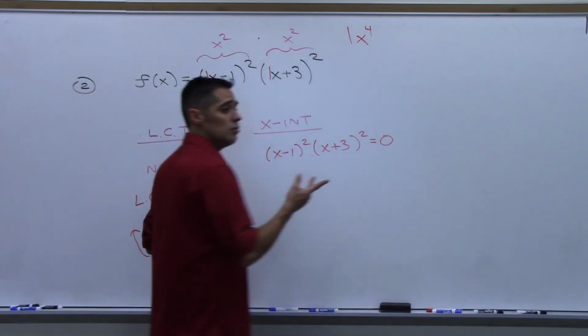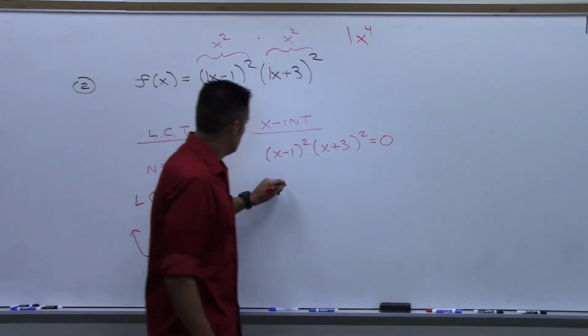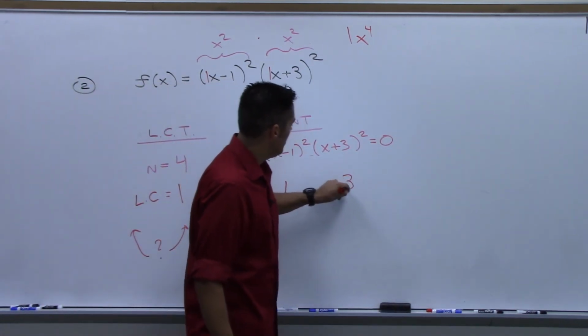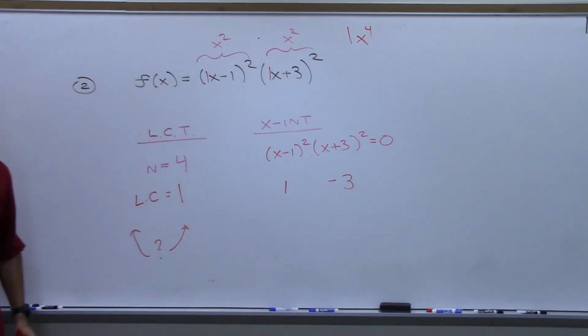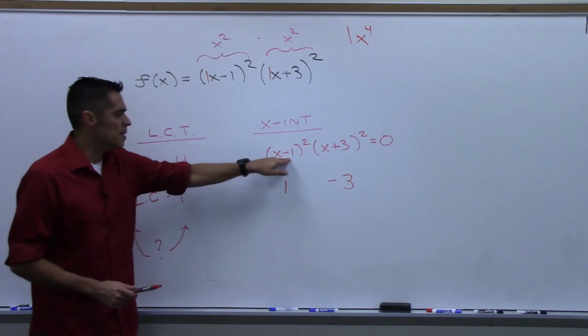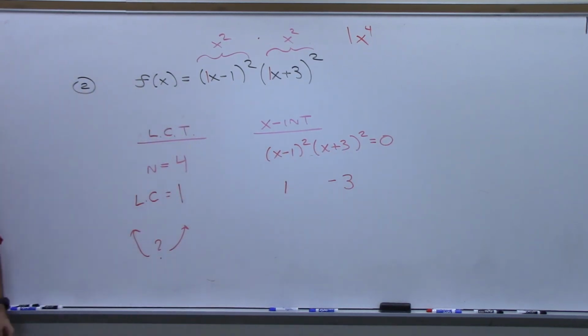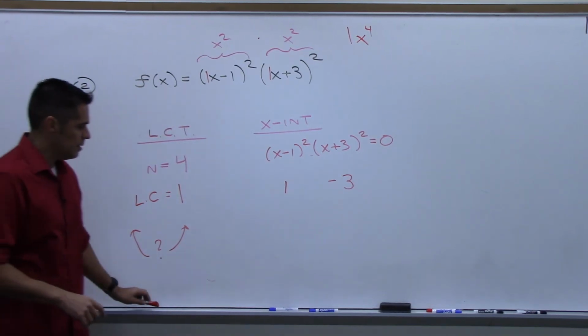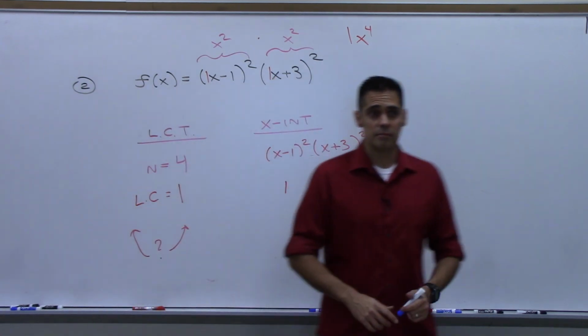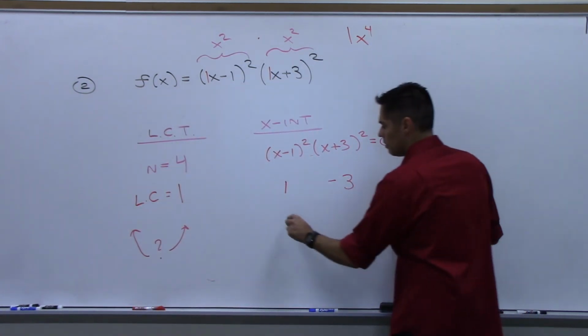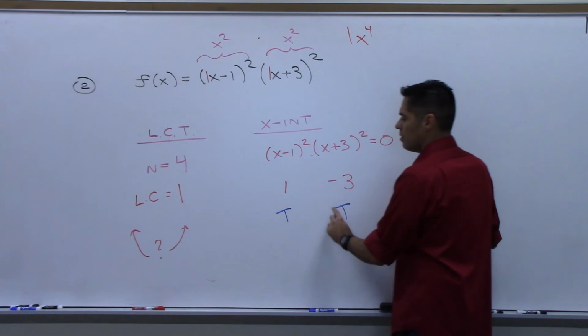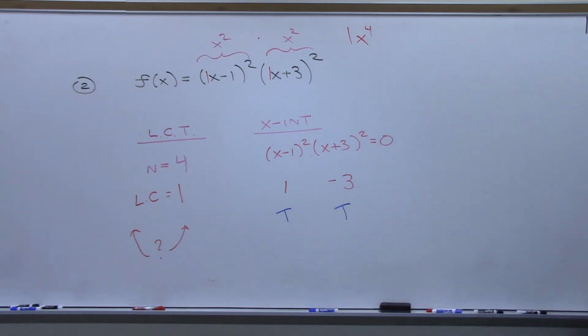X equals 1 and x equals negative 3, right? So set x minus 1 equal to 0, set x plus 3 equal to 0. What about multiplicity? What's the multiplicity going to tell us? They're both even, right? So touch, touch at each of those. And that's all we need to draw it.